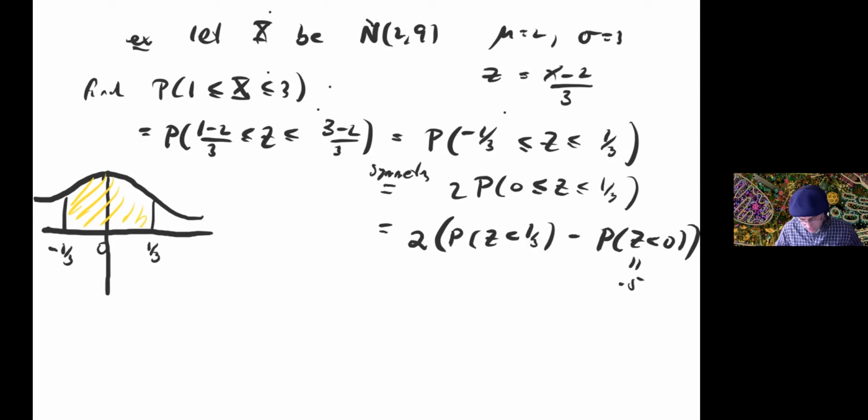And in order to do that, we have to make use of some table. Okay, so I'm going to lose this screen, unfortunately. But let me see what I can do about that.